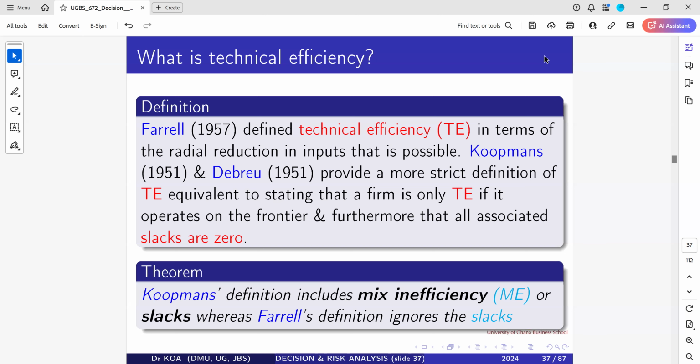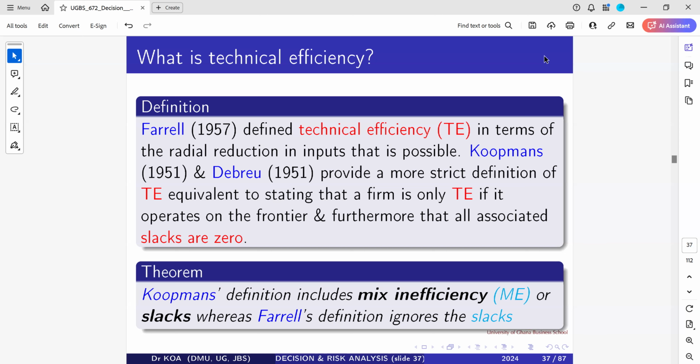However, it could be that you are able to produce that same output even when you have reduced some of the inputs. So you have two people working for you and you are generating $200,000. You reduce the two persons to one person and you are still generating $200,000.